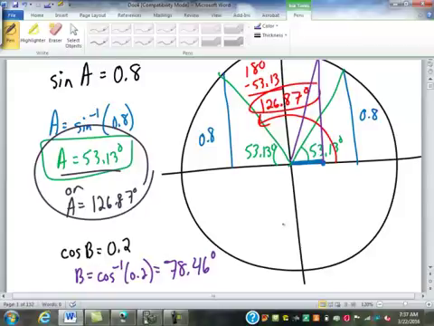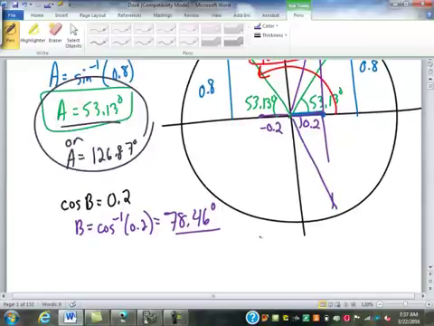No. Think about it. This here is 0.2, right? Over here, is this 0.2? No, it's negative 0.2 there. The angle that has the same cosine would be this one here, where this is 78.46. So that one would be 360 minus the 78.46. So that's what you were thinking before.